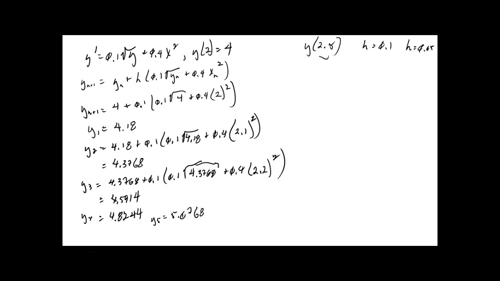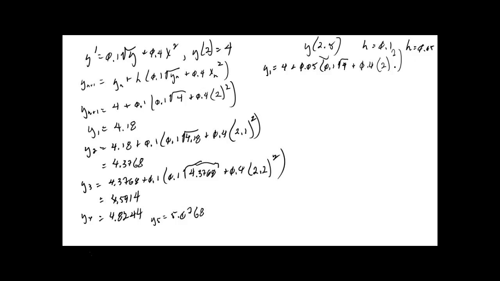Now, what if we're doing the same thing with h equal 0.05? We start the same way. Your y1 is going to be your y0, which is 4, plus, but this time it's 0.05, not 0.1, times 0.1 times the square root of 4, plus 0.4 times 2 squared.